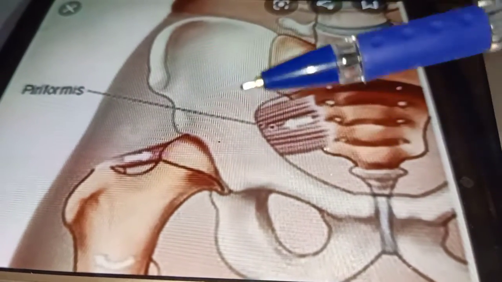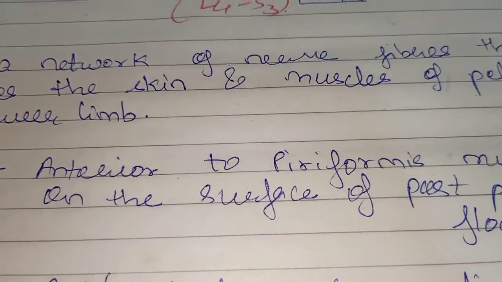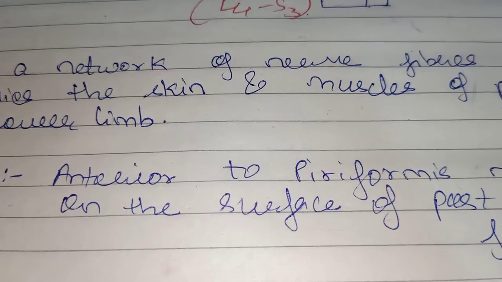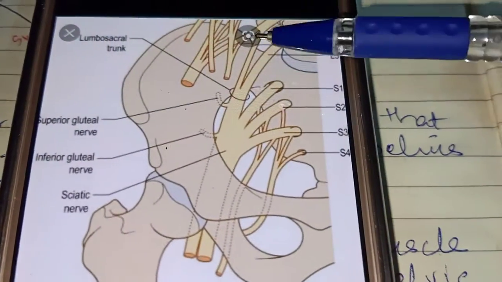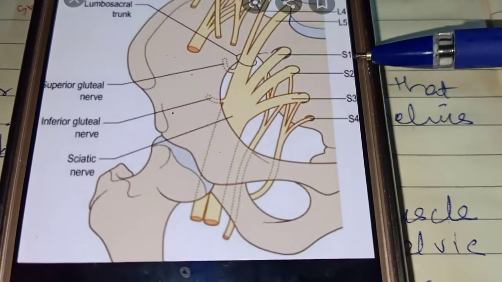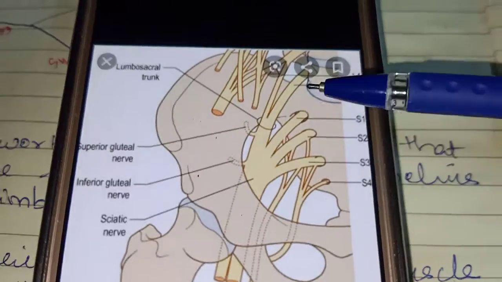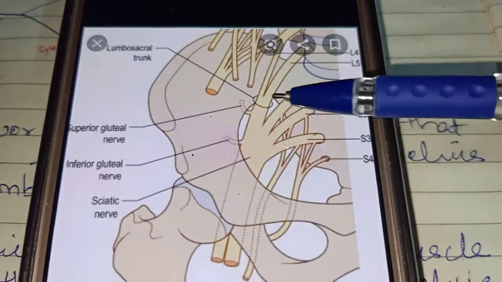So the plexus is formed anterior to piriformis. See, this is the plexus which is formed. This is L4, L5, S1, S2, S3, S4. This is the sacral plexus. So this is the piriformis. So it is anterior to the piriformis.